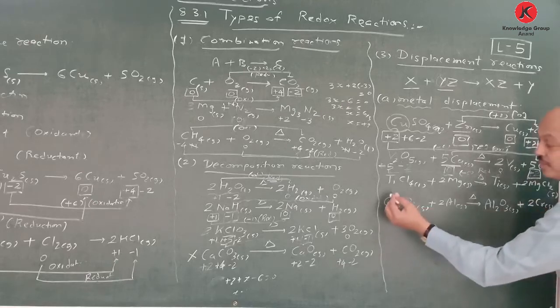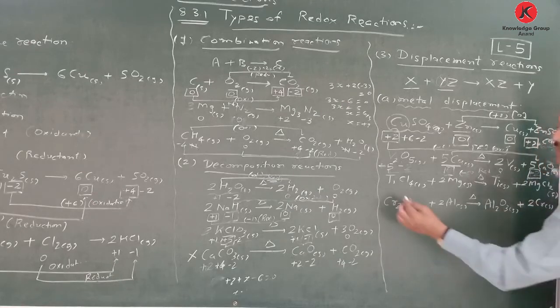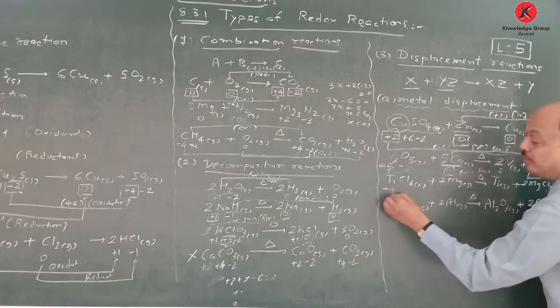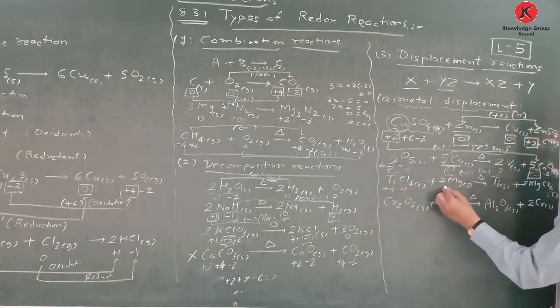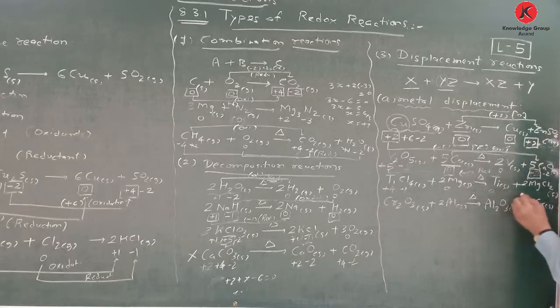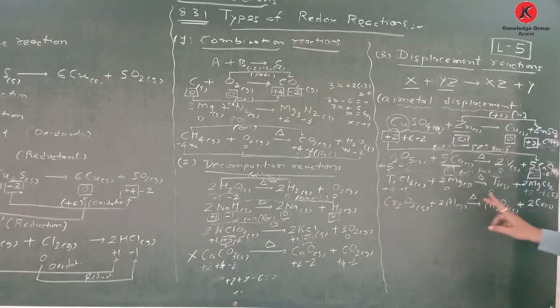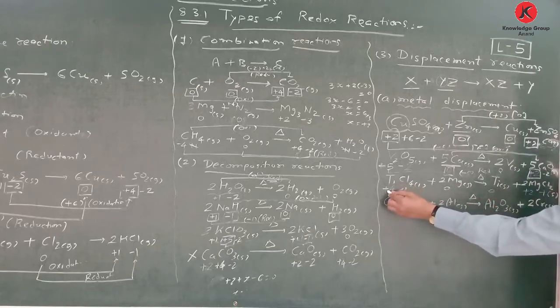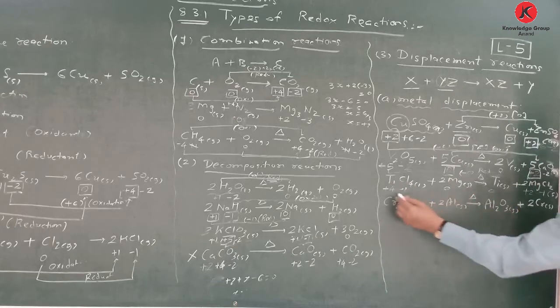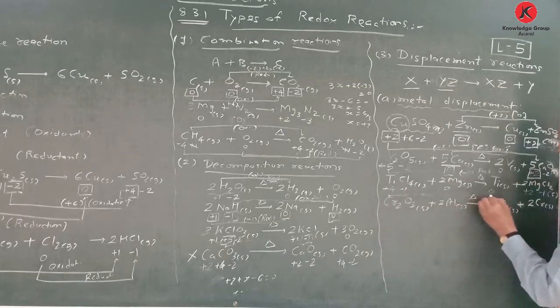What happens here? First of all, write down the oxidation numbers in both these reactions. Plus 4, minus 1, 0, 0, plus 2, and here minus 1. So just see, plus 4 to 0. Observe that titanium goes from oxidation number plus 4 to 0.